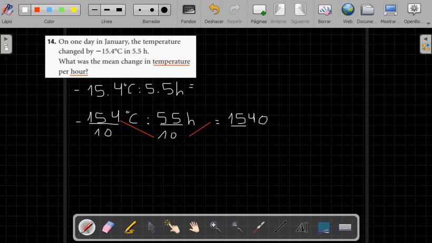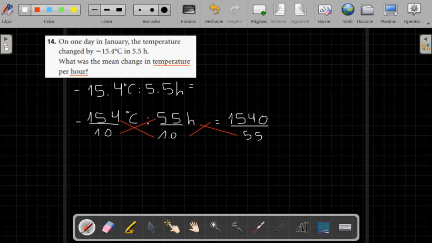And now we have to multiply 10 multiplied by 55, it's going to be 550 or 55 with a 0. 55 por 10 son 550.